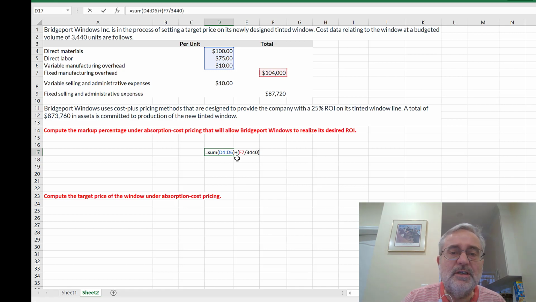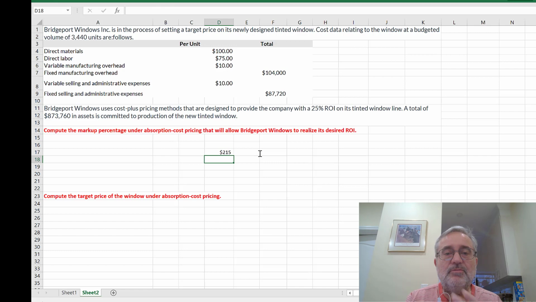Now you notice in Excel that the fixed cost is divided by 3,440. I put this in parentheses so there would be no confusion in Excel in terms of what part of the calculation we did first. So what we have is our manufacturing cost per unit of $215.